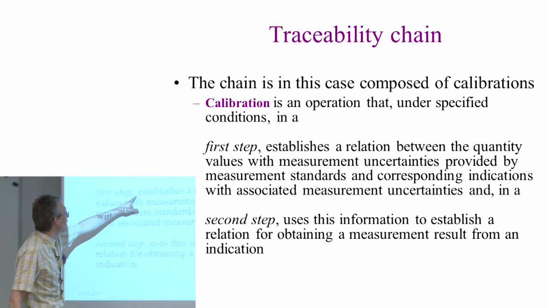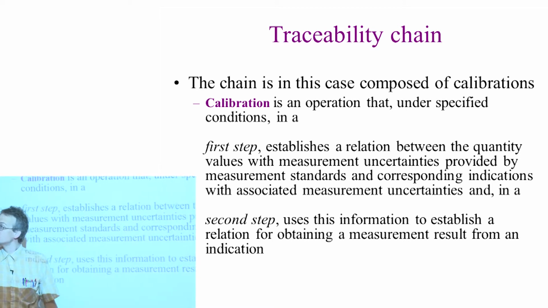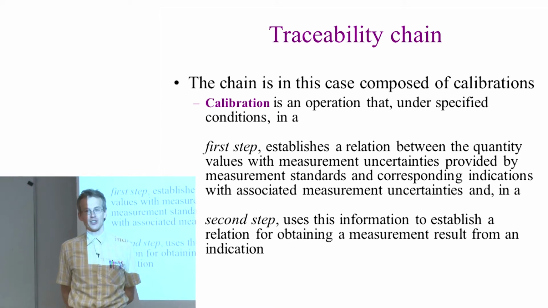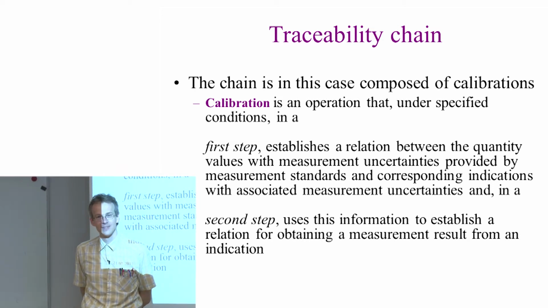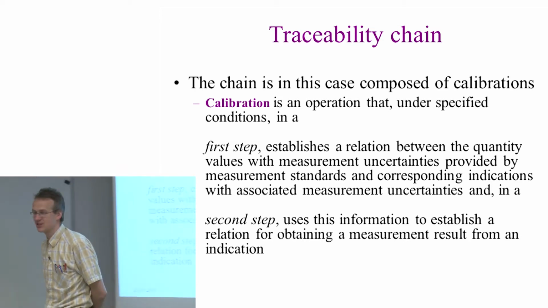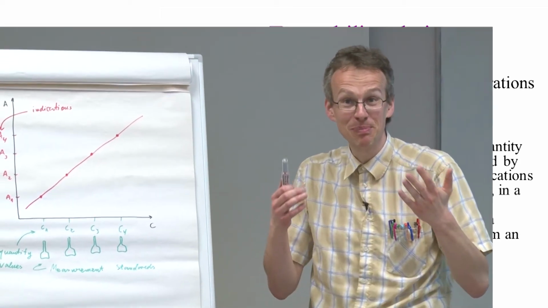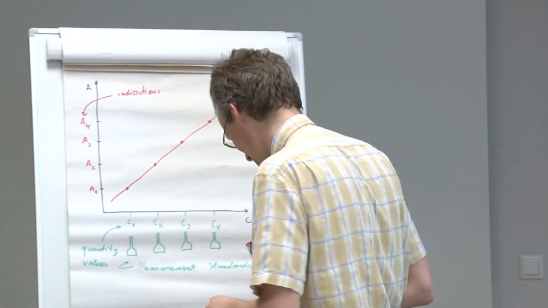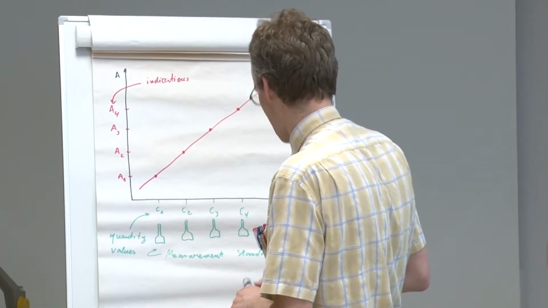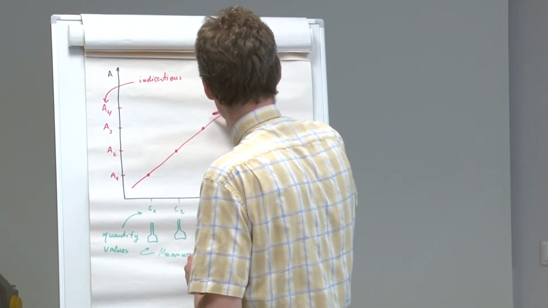And now establishes a relation. Do we see a relation here on this graph anywhere? And where is the relation? Calibration graph. Splendid. Yes, so this here is the relation.